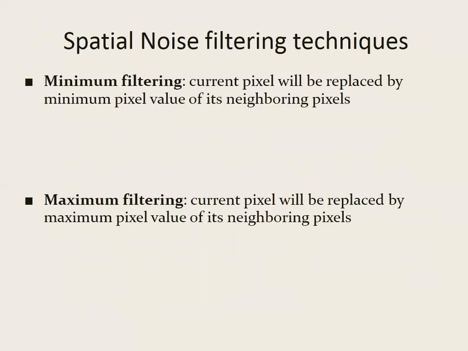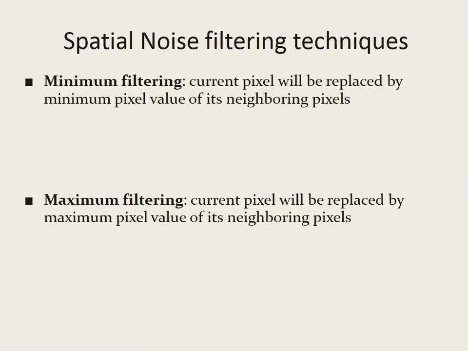From the surrounding pixels, identify the minimum value. If that minimum value is the same as the central pixel, then that pixel is free from noise. Otherwise, if the central pixel is different from the minimum value pixel identified from the surrounding pixels, then we have to replace it, because the value of the central pixel is wrong.